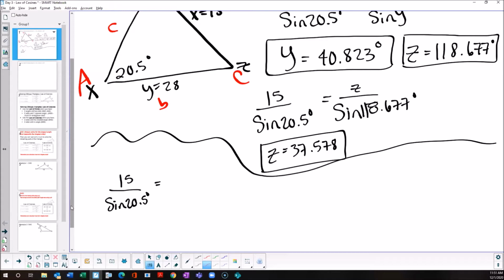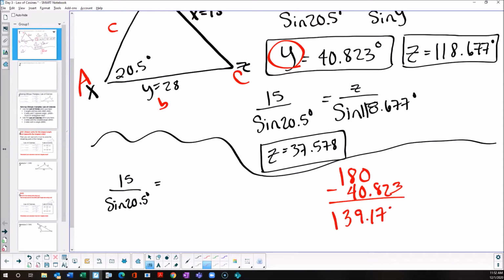So if you take the angle that you found, Y here, and subtract that from 180, so 180 minus 40, roughly 140, I get 139.177. And I say, okay, could that make a triangle with the other angle I was already given?